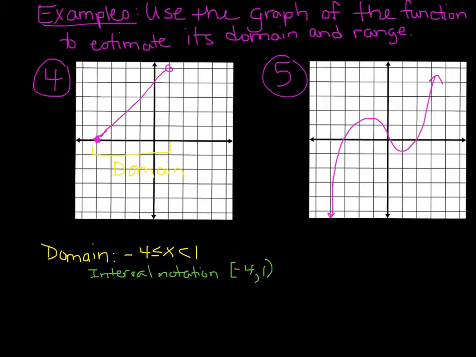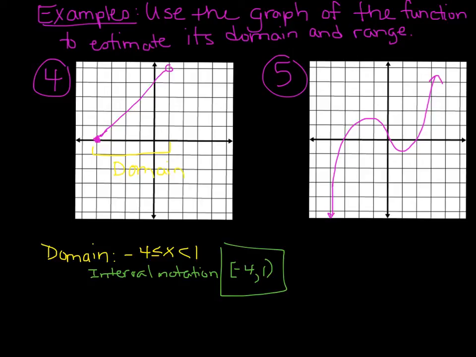The -4 is going to have a square bracket to show that it's less than or equal to, and the 1 is going to have a round parenthesis. So that shows that we include the -4, we don't include the 1. So this is actually the answer that I would prefer you to put on a test or a quiz.